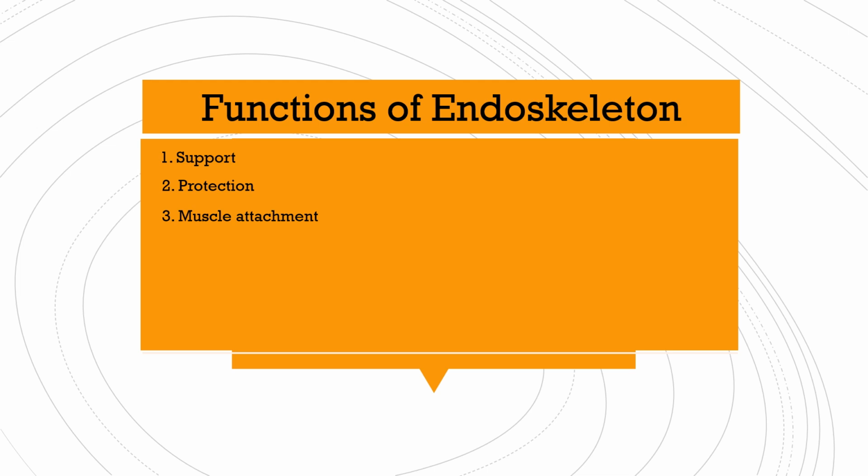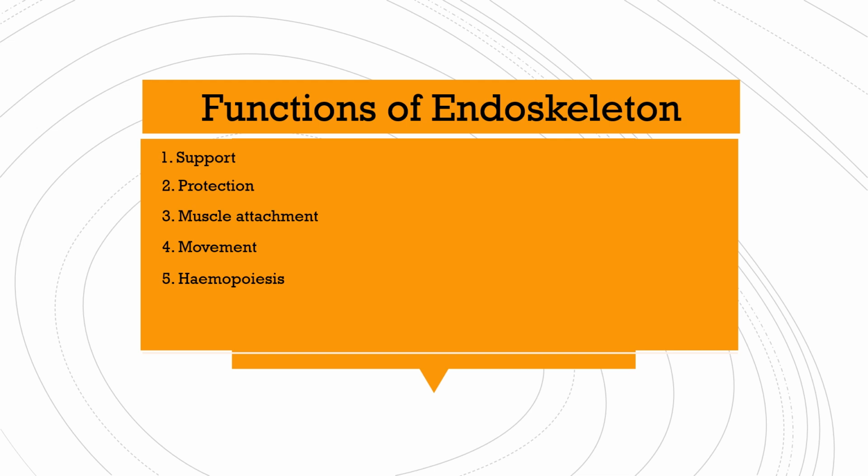And talking of movement, because of the contraction of the muscles, the bones and the parts of the bones are able to change their position. Thus, endoskeleton plays a very vital role in locomotion and movement. Then hemopoiesis basically means formation of blood and blood cells.